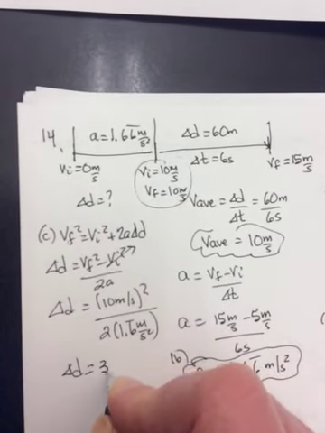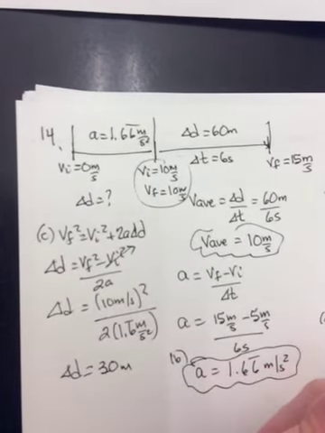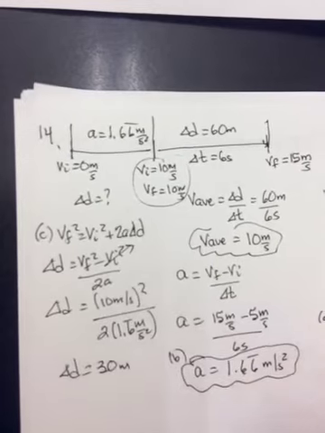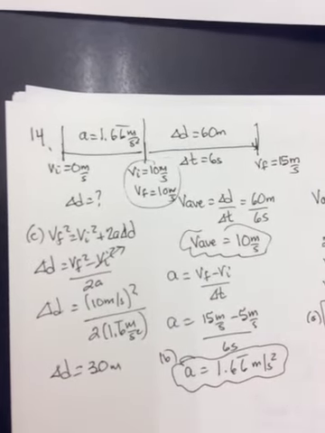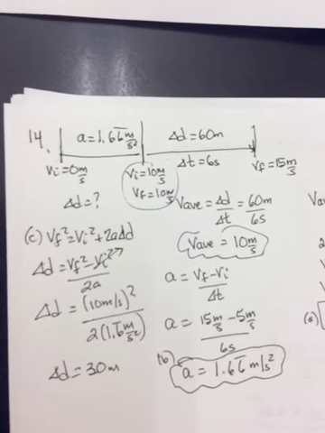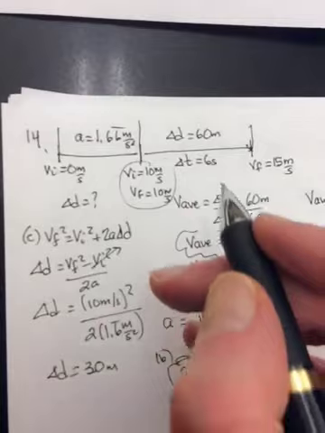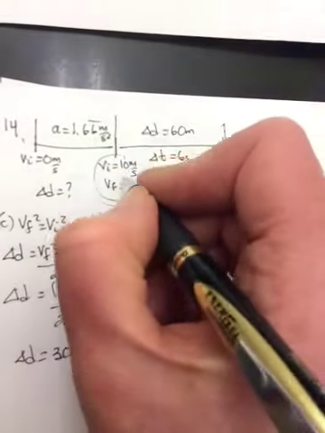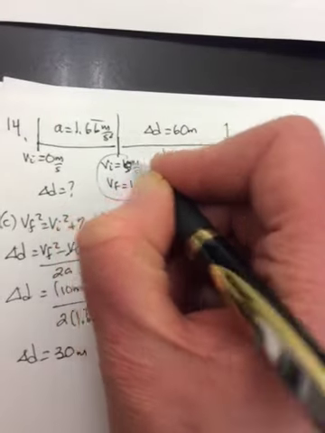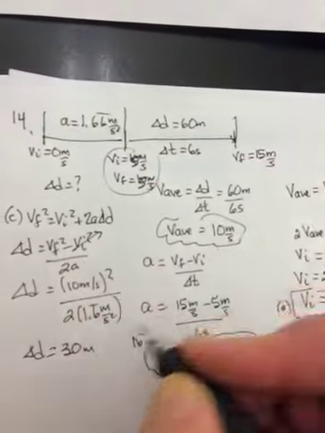You get 30 meters, maybe? Oh, I think I screwed up. 7.5, what did I do? Oh, this isn't 10, it's 5. I found 5 and I wrote down 10. Sorry about that. So this is 5.